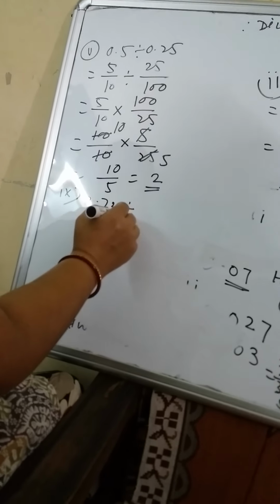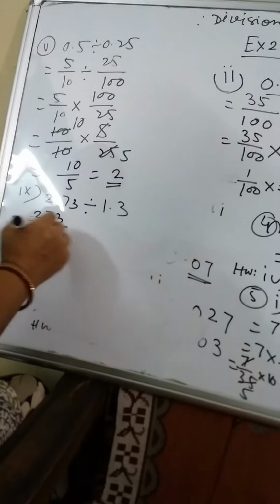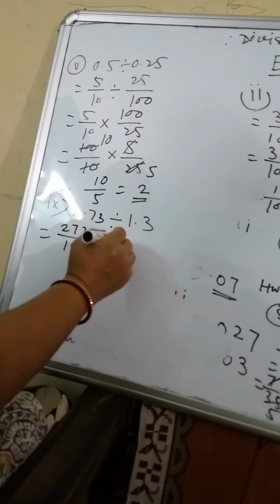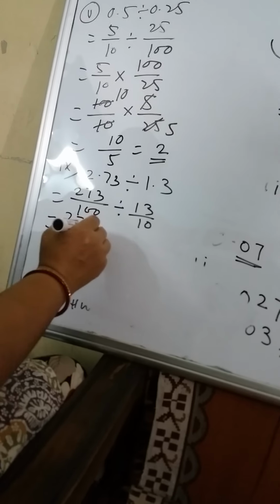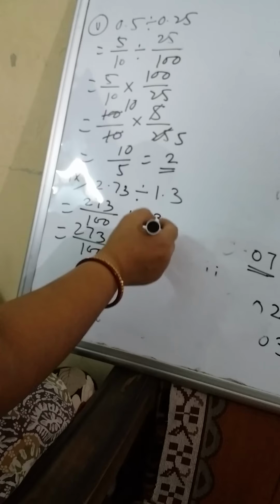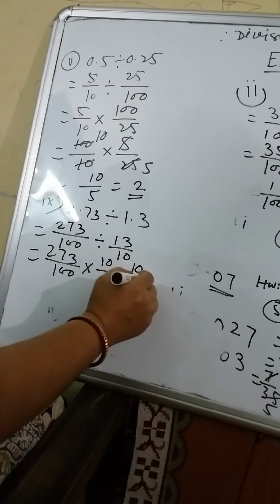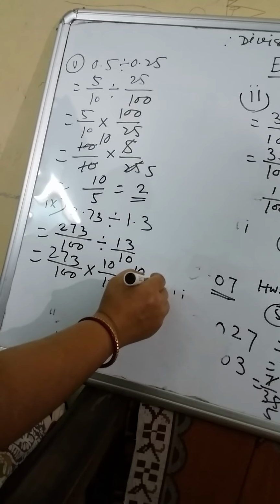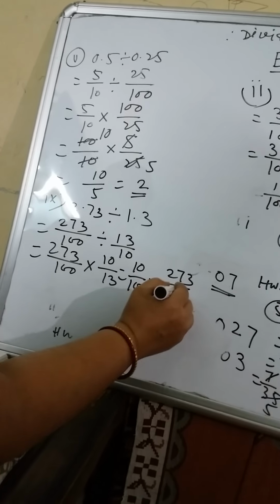Another example, 2.73 divided by 1.3. So 273 by 100 divided by 13 by 10. 273 by 100, multiply it with the reciprocal of this, so 10 by 13. So 10 by 100 into 273 by 13.